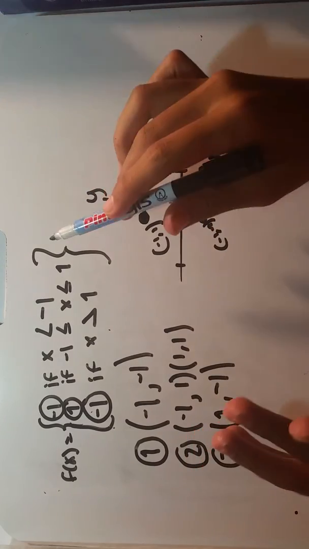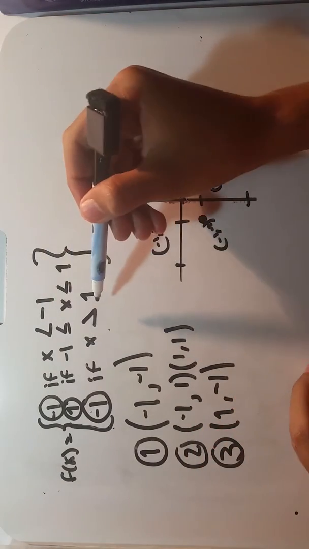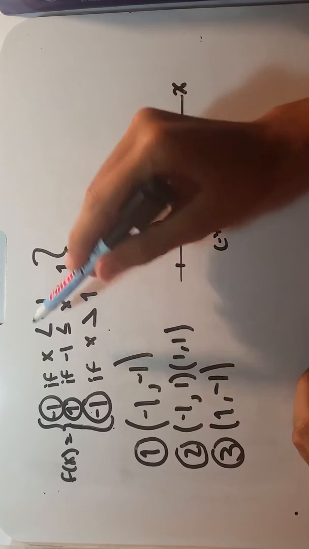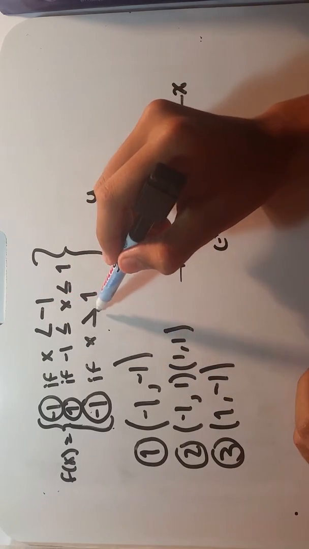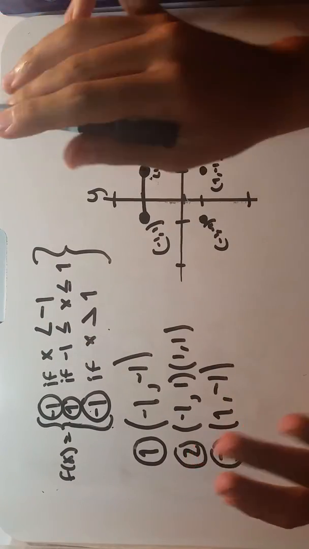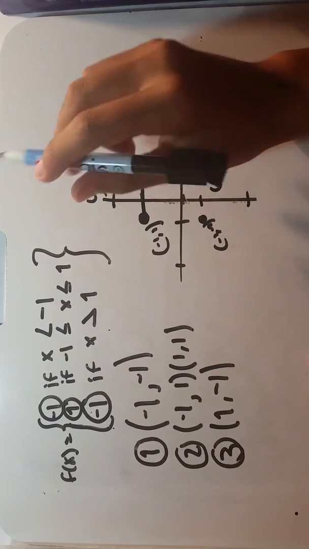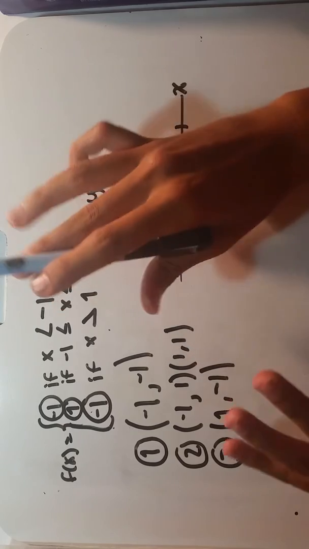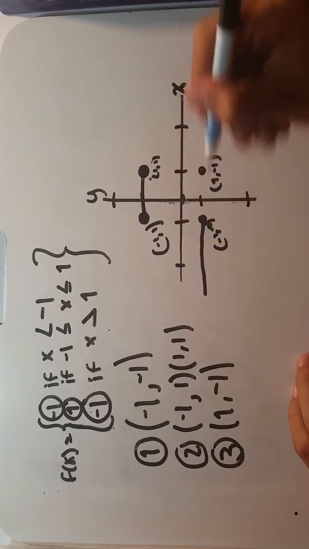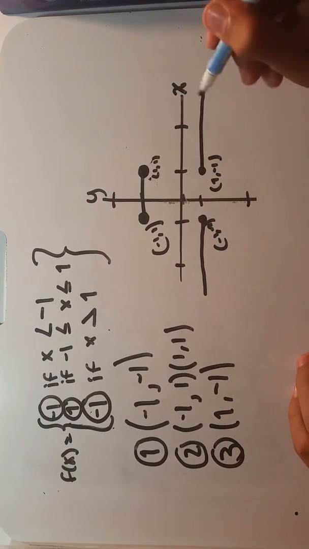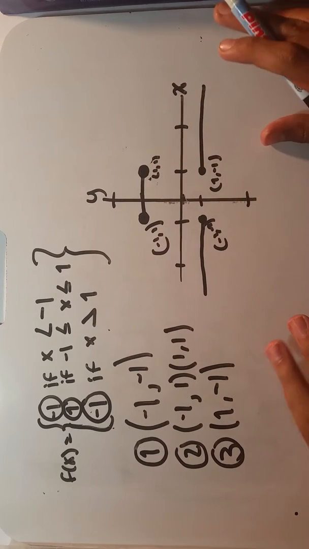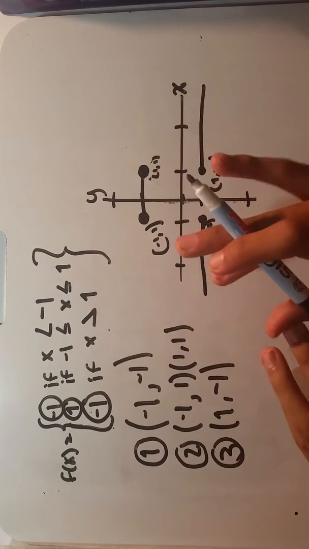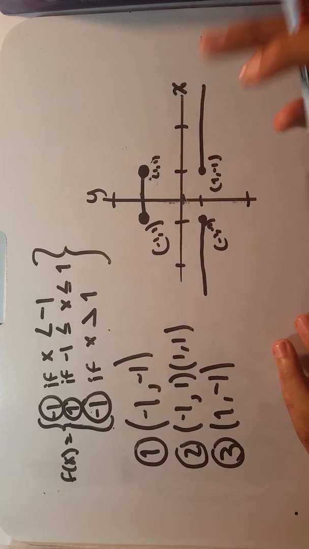And then in the first and third equation, we have less than and greater than without equality. This means that we are going to have a forever constant line for the negative and positive side, and for left and right.